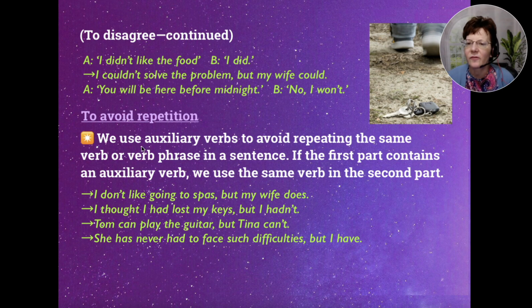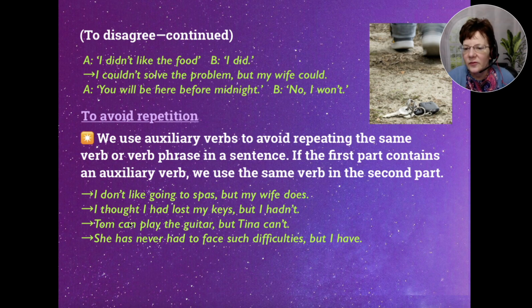And then we have how to avoid repetition. We use auxiliary verbs to avoid repeating the same verb or verb phrase in a sentence. If the first part contains an auxiliary verb, we use the same verb in the second part. So, for example, I don't like going to spas, but my wife does. Same verb here: negative, don't, and then does for the second part.